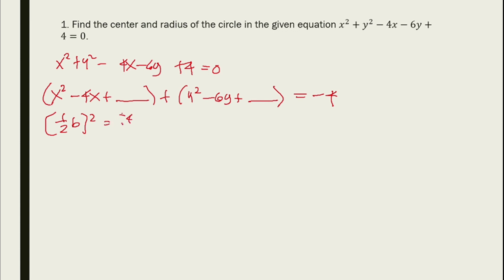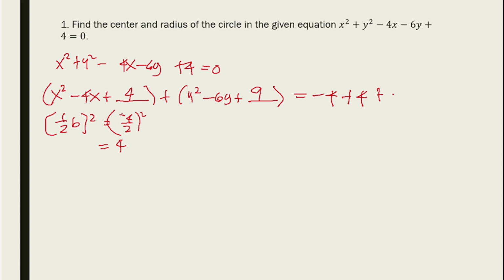The result of this part is 2 squared, that is equal to 4, right? So we have to add 4 here. And negative 6 over 2 is 3, squared is 9. So we have to add 9.